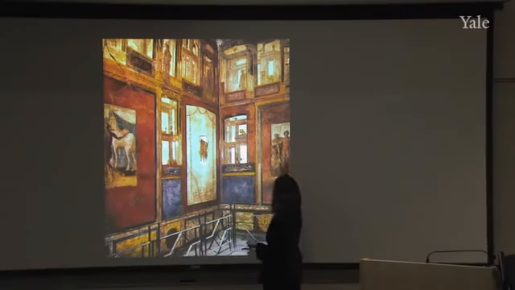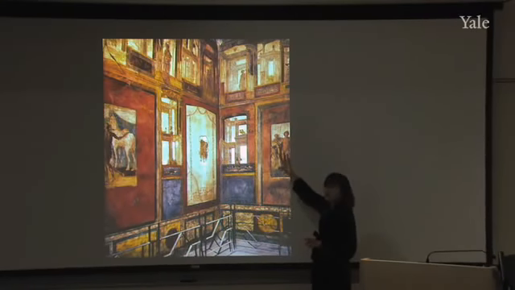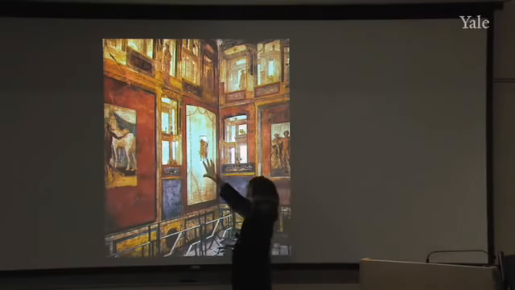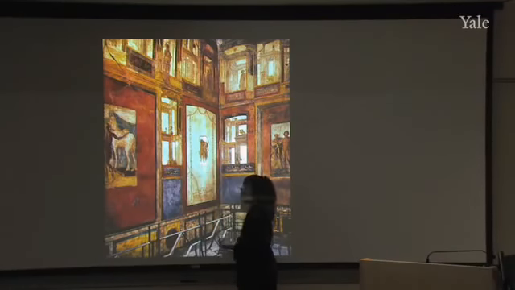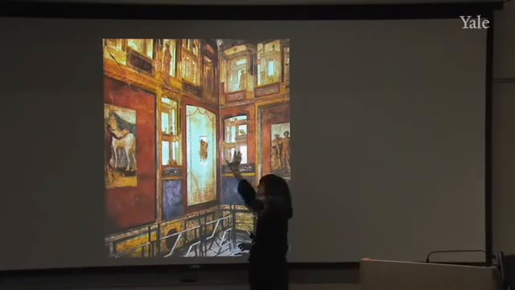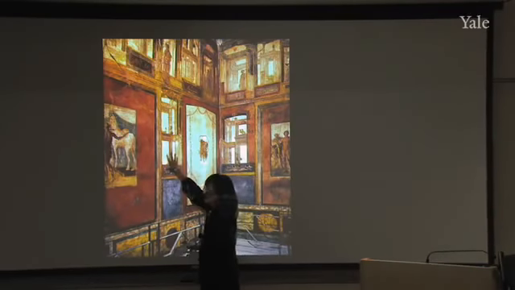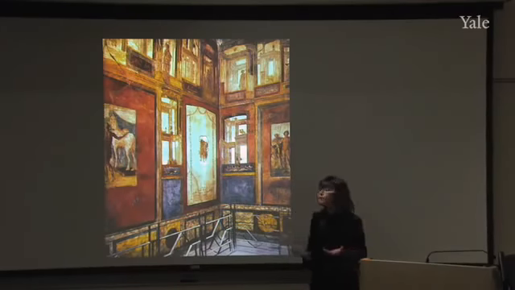Third style, these red panels with mythological paintings in the center with frames. And over here, a white panel with floral decoration and floating mythological figures. Those are elements of the third style. And the fourth style, reintroduction of architecture in the central zone, fragments of architecture, not full buildings, depicted in illogical space.